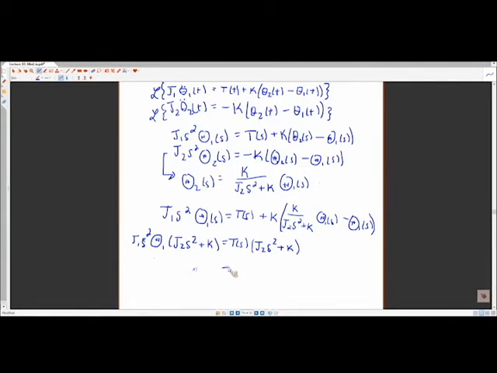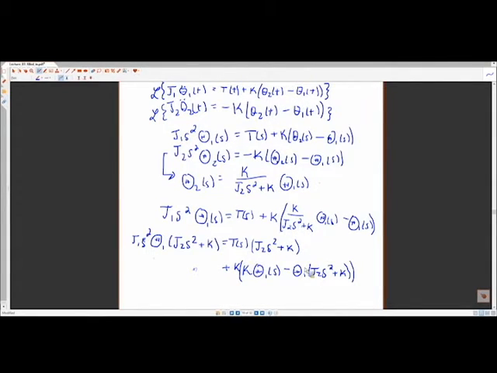Plus K times K theta 1 minus theta 1 times J2 S squared plus K. So we basically just got this term out of the denominator, this J2 S squared plus K.